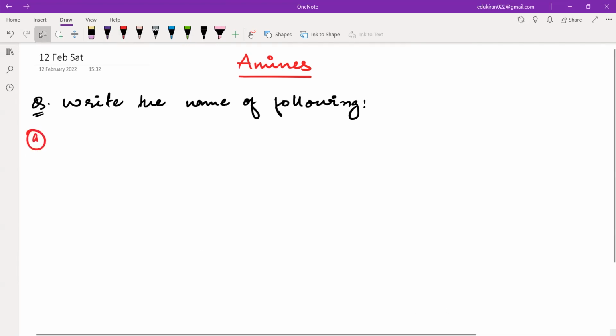It is better if I give you questions from NCERT so that it gets covered along with it, rather than giving my own questions.